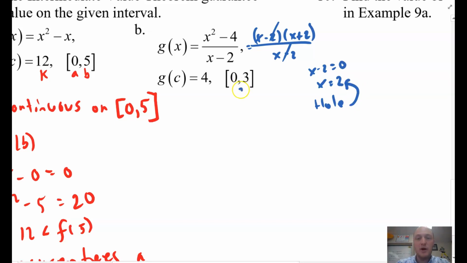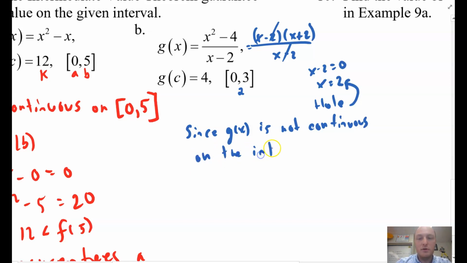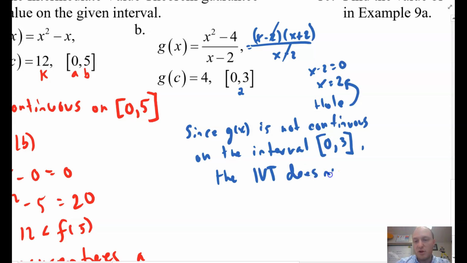Now, where does this hole exist? It's at 2, and where is 2? Smack dab in the middle of our interval. So we can say, since g of x is not continuous on the interval 0 to 3, inclusive, the IVT does not apply.